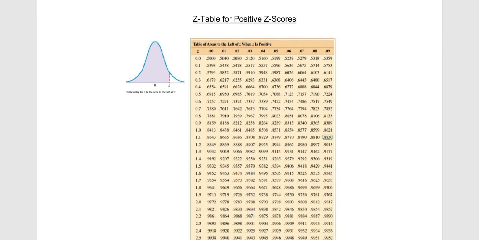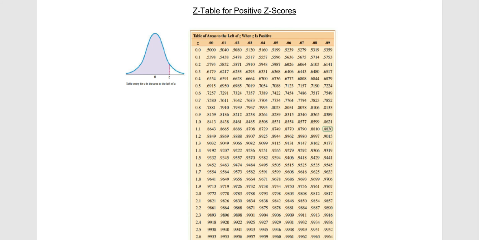For positive values, it's actually going to be the exact same thing. We have our z-scores on the first column, first row, and wherever they meet, it's going to be the area underneath the standard normal curve to the left of that z-score.